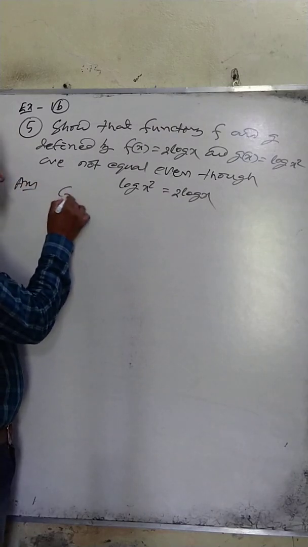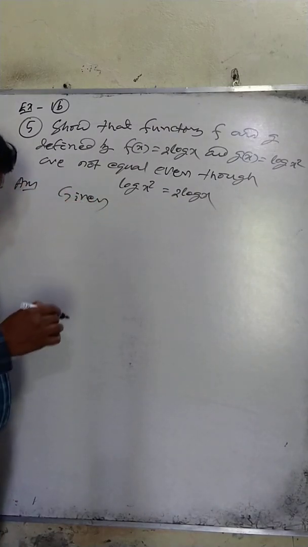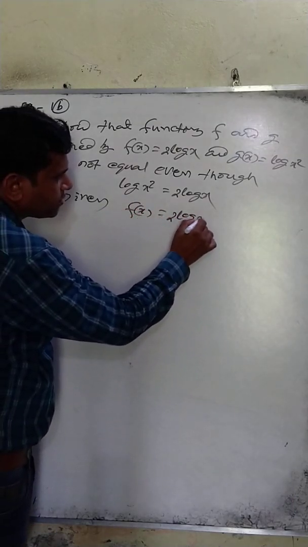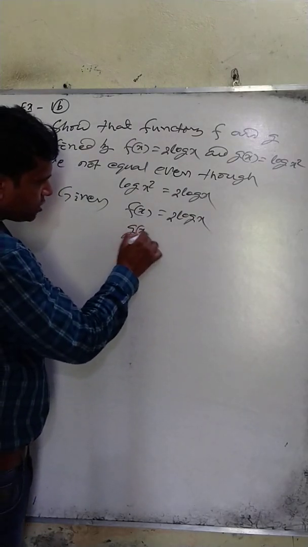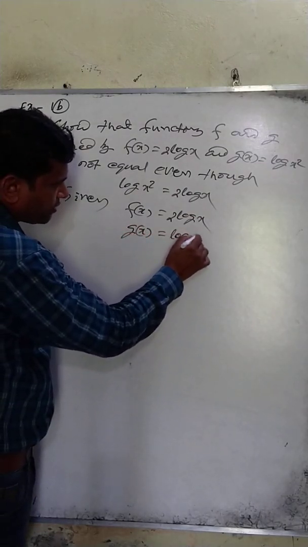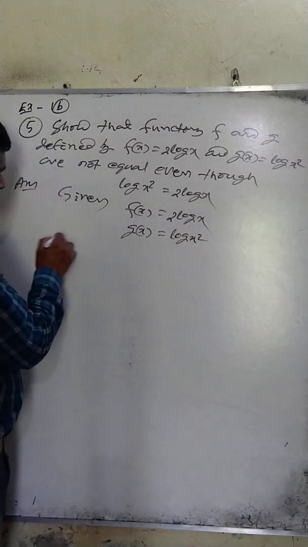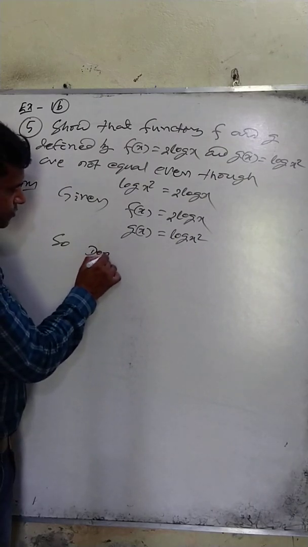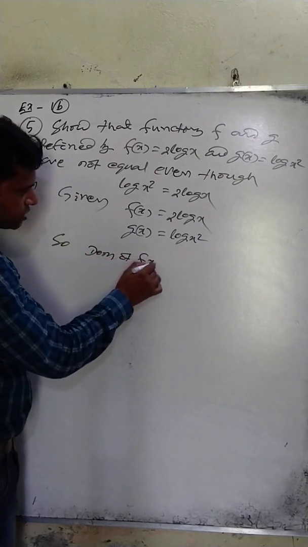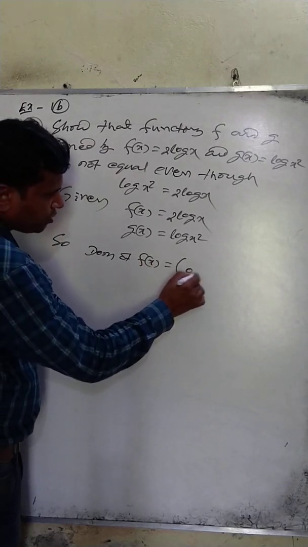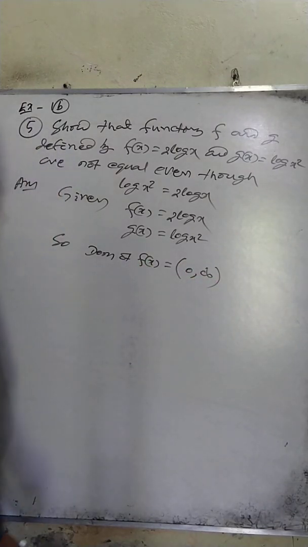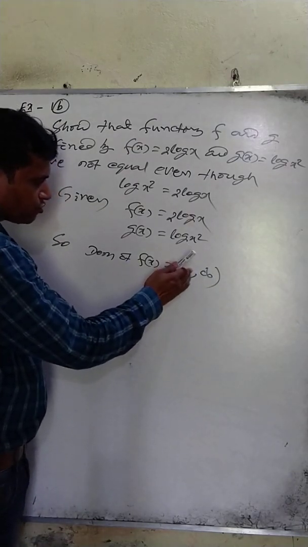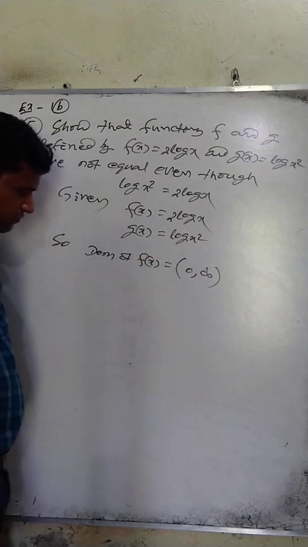Answer: given f of x is equal to 2 log x, g of x equal to log x square. So the domain of f of x is 0 to infinity, excluding 0, the open interval 0 infinity.